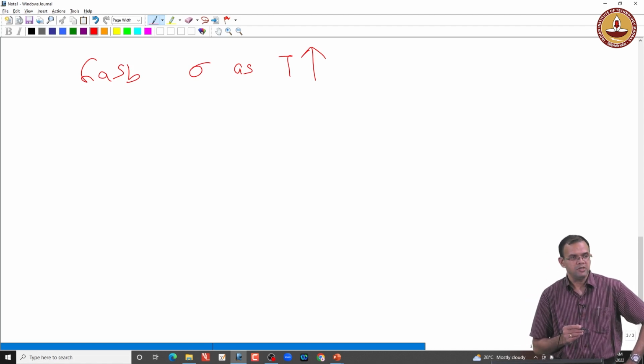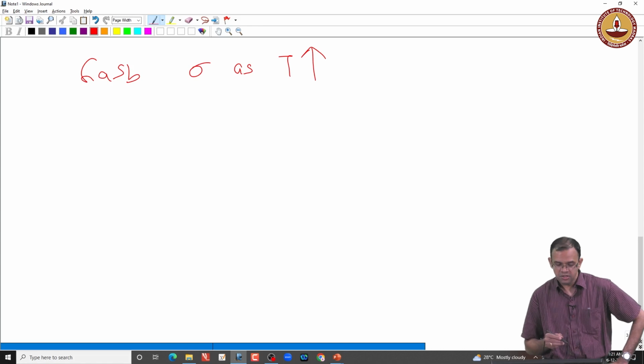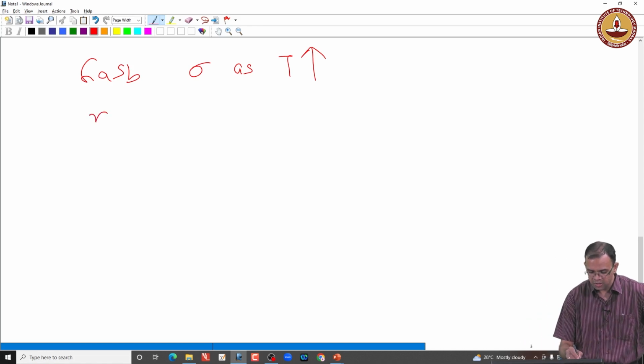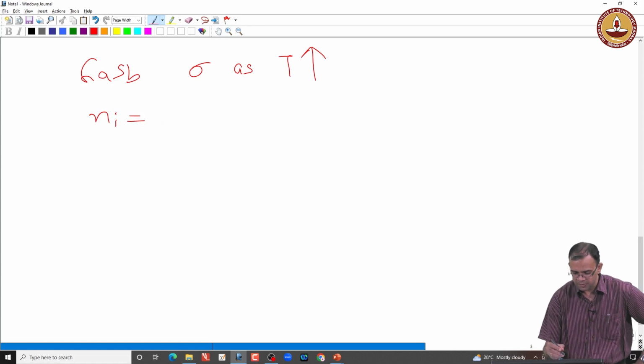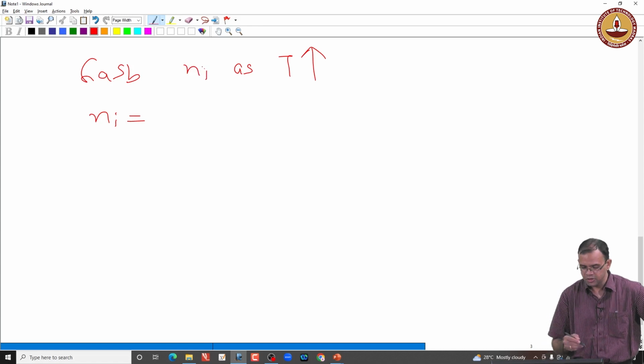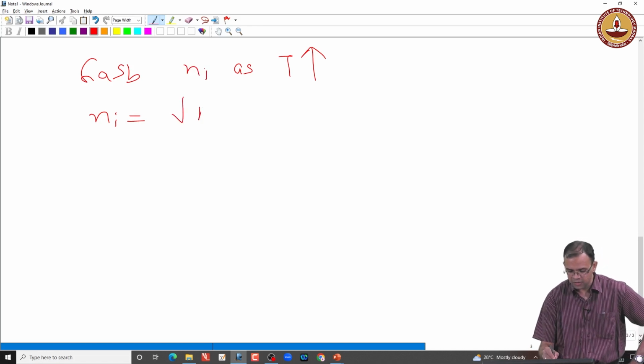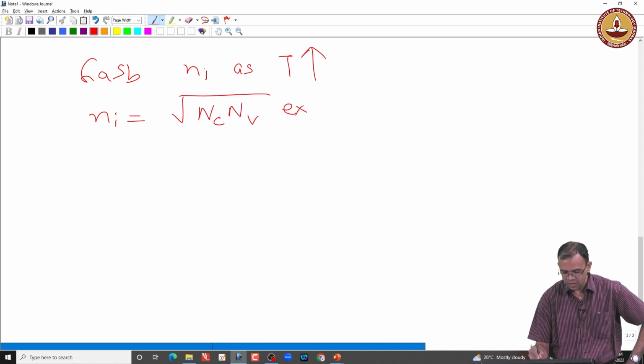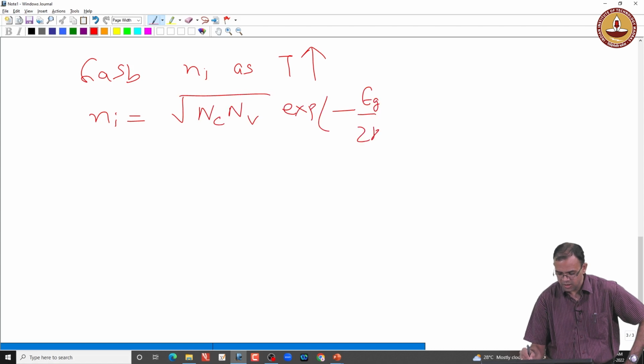What's going to happen to sigma as temperature increases? So you go back to the equation for Ni. First we will look at Ni. So maybe instead of sigma I will first say Ni, and then we will talk about sigma. So Ni is square root of Nc Nv exponential minus Eg by 2kT.